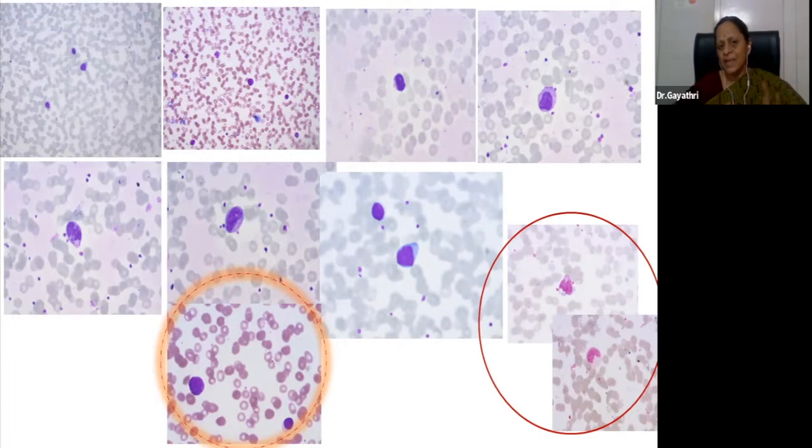Now this is a busy slide. It is intentionally busy because what I want to convey is that there are a lot of variations. Now we are looking at agranulocytes, the lymphocytes. This is how a normal small field would look.